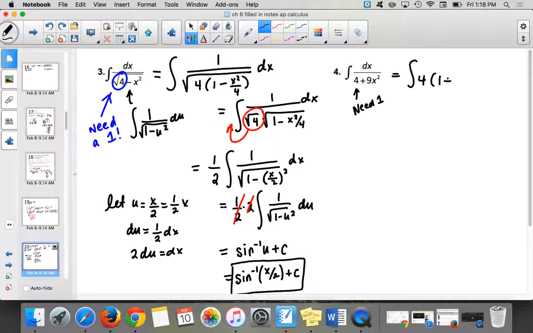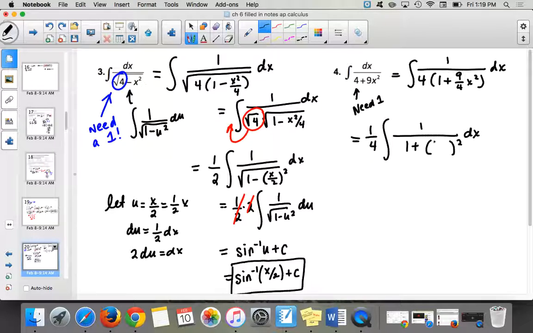So when you do, you're going to have 1 plus 9 over 4x squared on the bottom. So that 1/4 can go all the way to the front of the integration sign. So I get 1 over 1 plus something squared, and that something is usually your u. Right, that's the whole point of this. So what am I going to put inside the parentheses there?